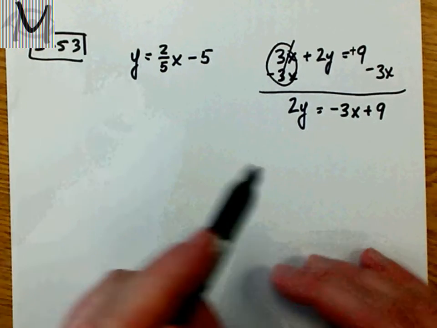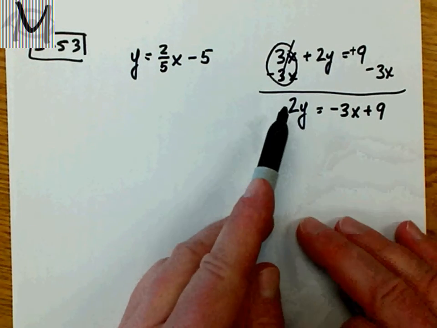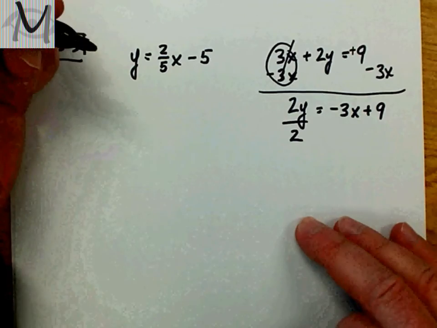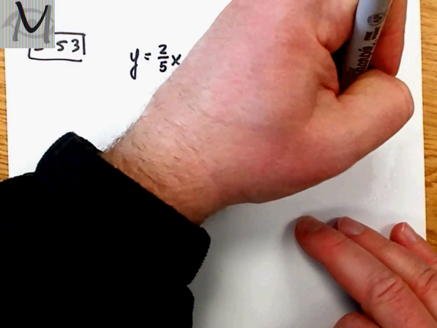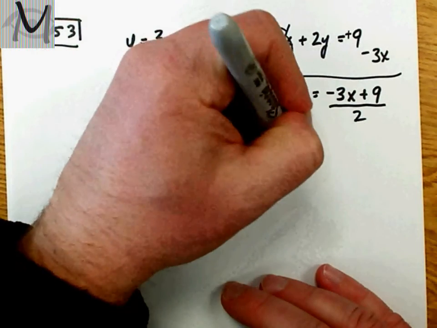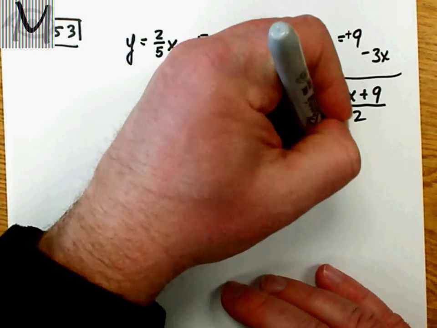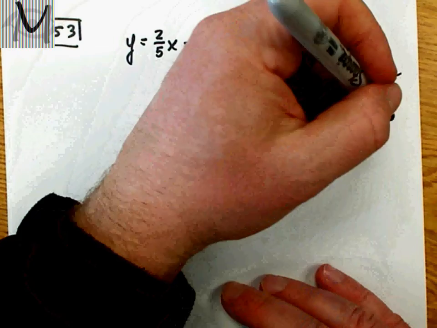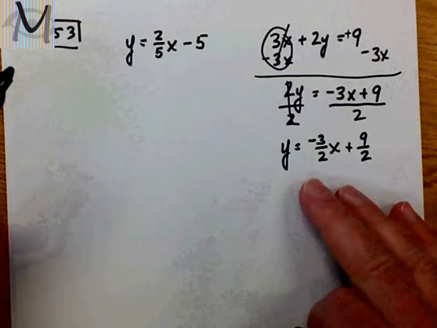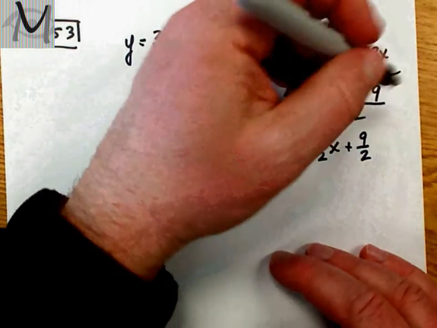Okay, we're getting closer. I don't want two y's, I want y, so I'm going to split these into two piles. That means I have to split all of this into two piles. So y equals negative 3 over 2x plus 9 over 2. Now, this doesn't look good, but we'll leave it like this.